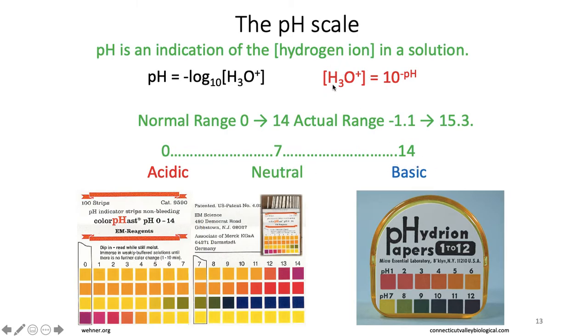If H3O plus is 1 times 10 to the minus 3, that is much larger than the neutral solution concentration of H3O plus, which is 1 times 10 to the minus 7th. If you have a larger concentration of H3O plus, that means you will have less OH minus, which means that you will have an acidic solution.